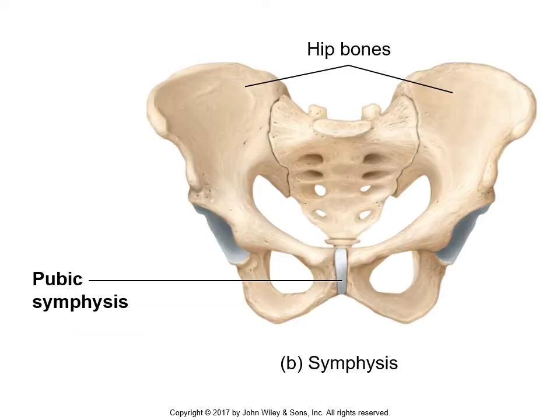This guy here. Between the right and left hip bones or pelvic bones is this pubic symphysis. It does move, again, a very small amount. And it has to, as we walk: the left hip bone, the right hip bone, and the sacrum.